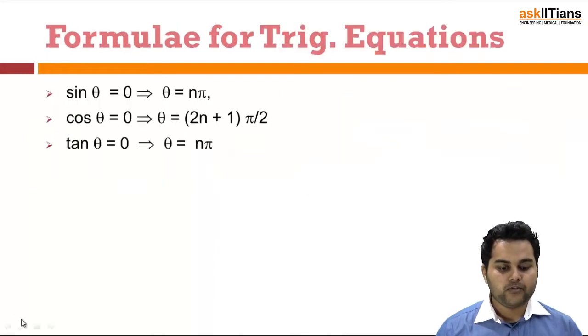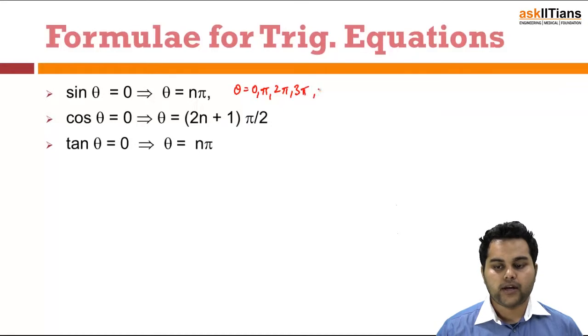If I take an example for sin theta is equal to 0, in the first circle the solutions would be theta is equal to 0, pi, 2 pi, then 3 pi, 4 pi and so on and so forth. Hence if I condense it, I would get theta is equal to n pi as the solution to this equation.